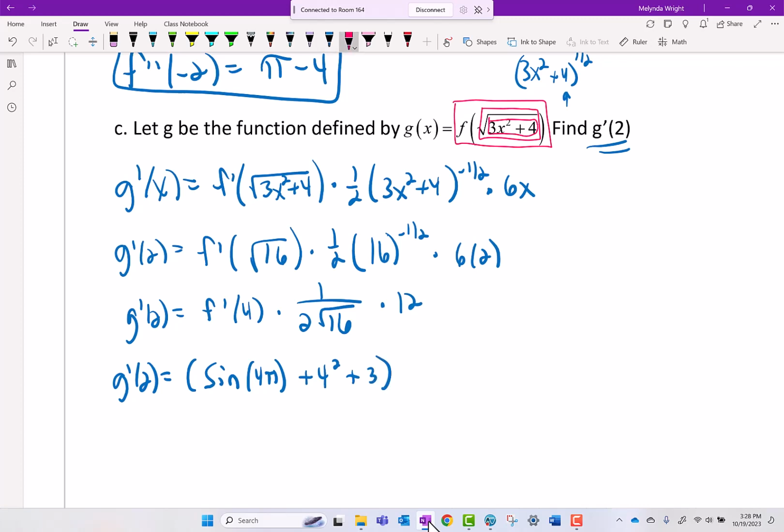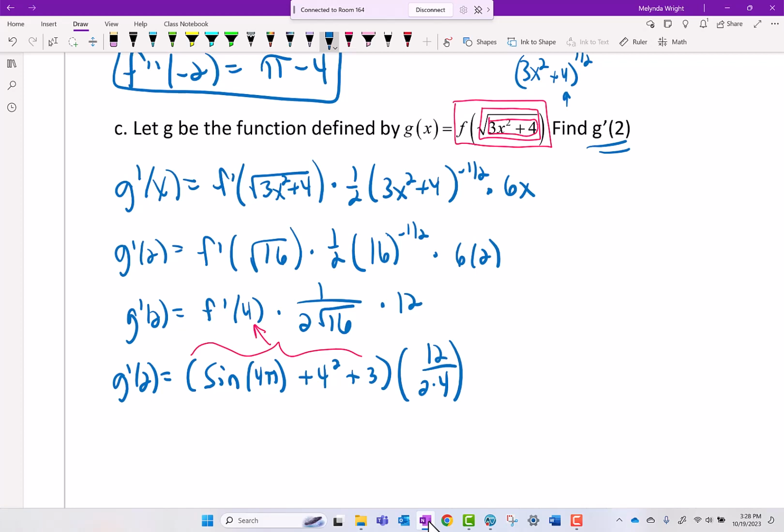That's f prime of 4. I just plugged that in. And this times, what, 12 over 2 times 4, which of course is simplified.